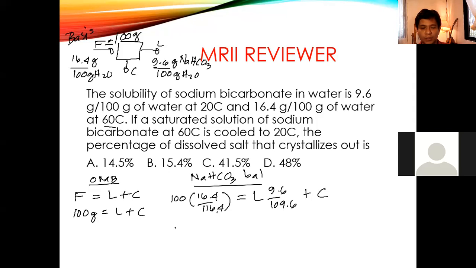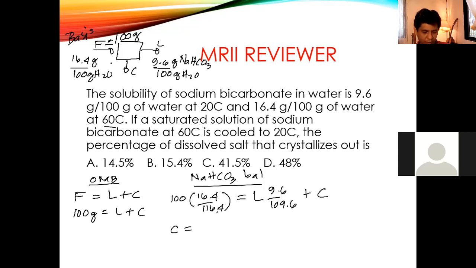Once you get C, since the question asks for the percentage of sodium bicarbonate that crystallizes out, you divide it by the original, which is 100 times 16.4 divided by 116.4. So just get a calculator.